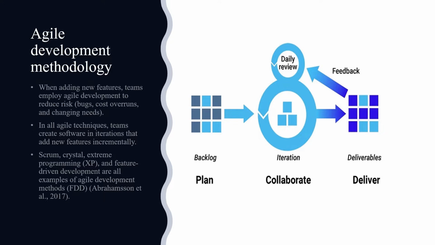This diagram shows you a very unique way that the agile development methodology works. You see, we have the plan, we collaborate, and then we deliver. You plan it, just like in every other thing that we do in life. We first plan, and then we collaborate, and then we deliver, which is the results.